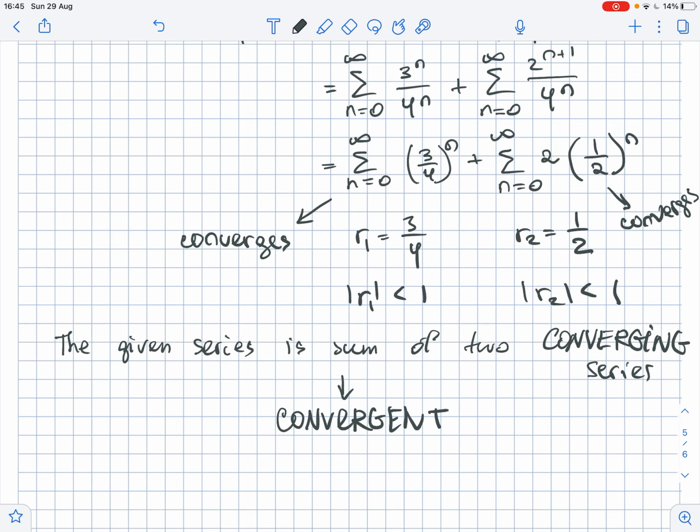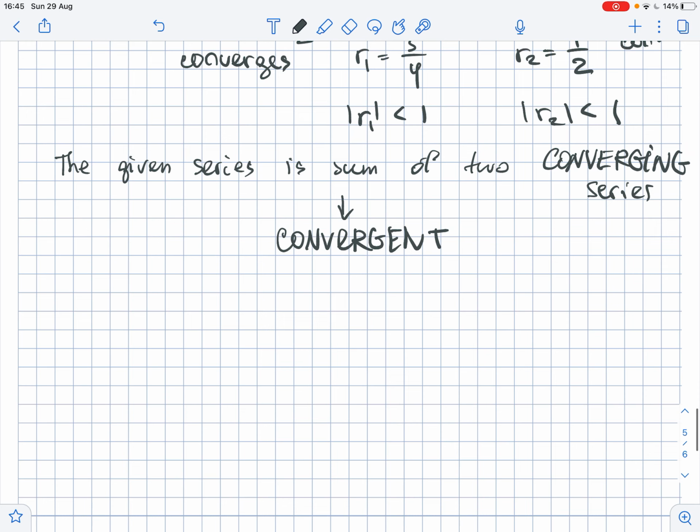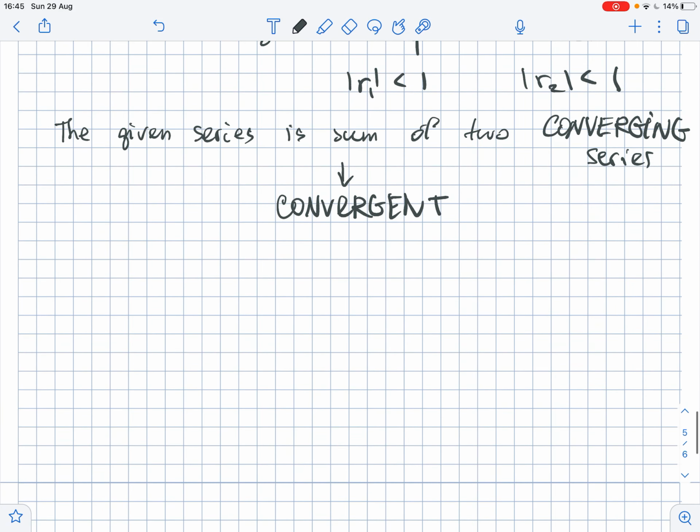Well, now let's try to find the sum of this series. We know that the sum of an infinite geometric series is given by S equals a over 1 minus r, where a is the first term. So then our first geometric series, the sum from n equals 0 to infinity of (3 over 4) to the power of n, equals 1 over 1 minus 3 over 4.